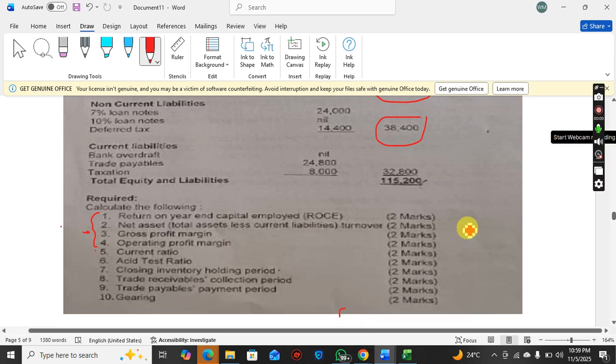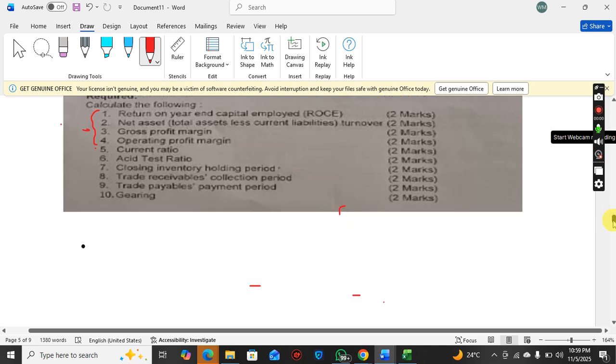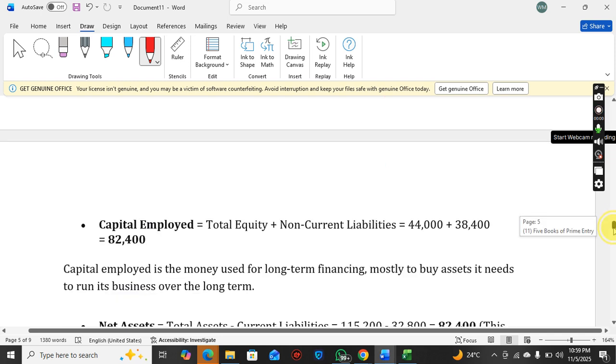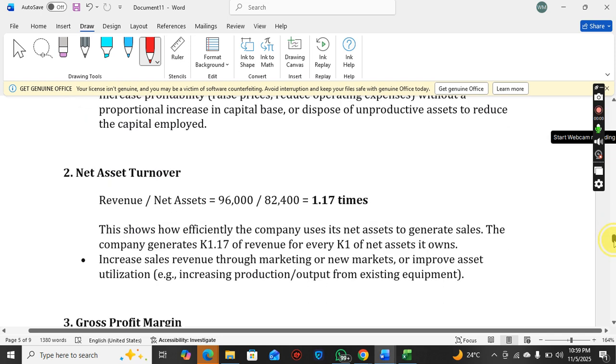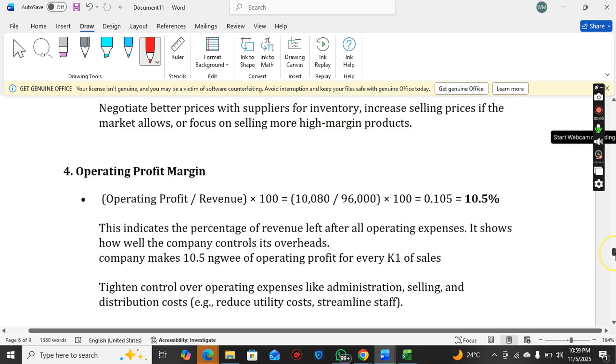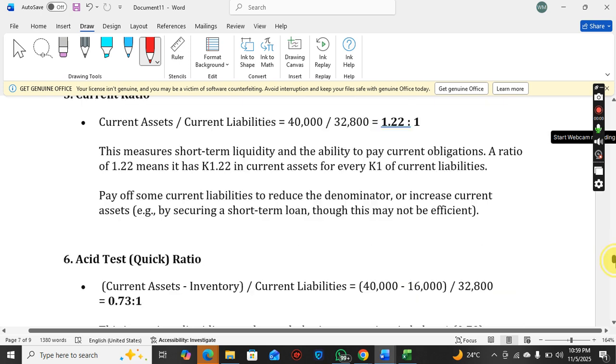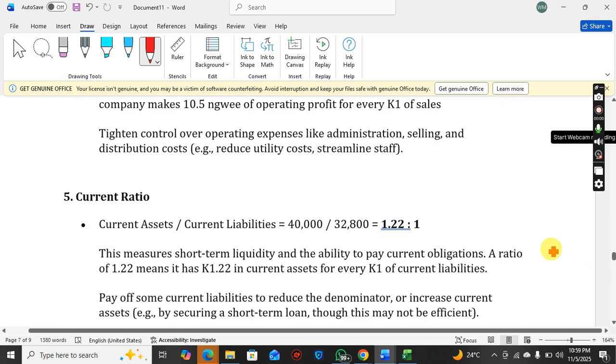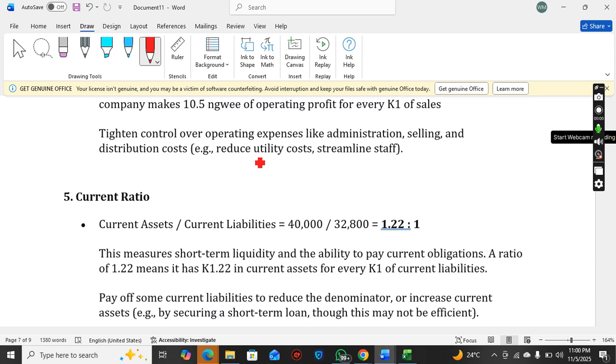The current ratio in simple words is just saying, can you pay all your current liabilities with your current assets? With these liquidity ratios, any number greater than 1 is good.